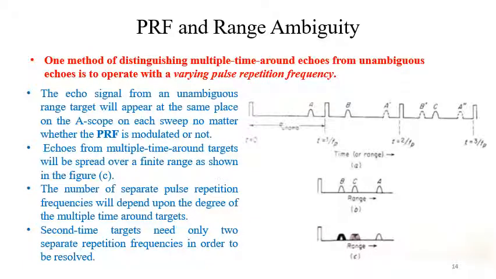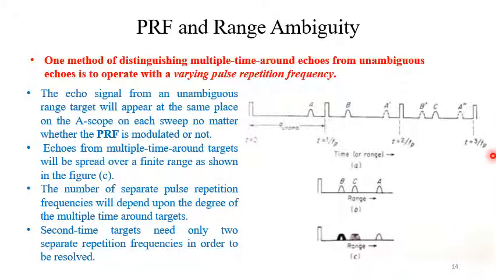So one method of distinguishing multiple time around echoes from unambiguous echo is to operate with varying pulse repetition frequencies. So what happens? We will try to change the pulse repetition frequency.